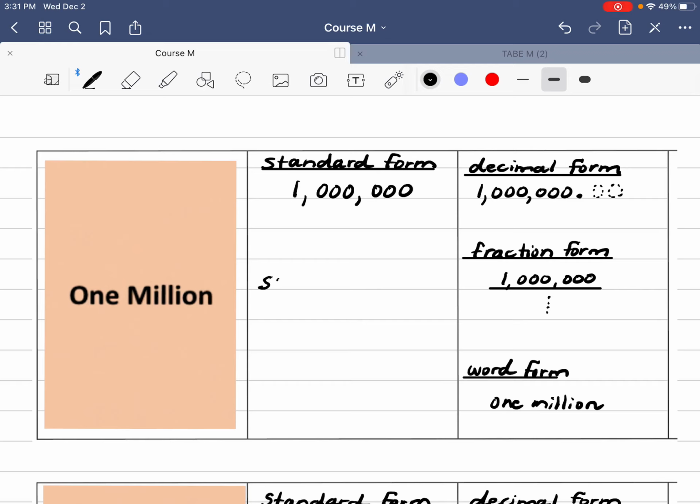And then scientific form. Even if you want to pause your video and see if you can write this by yourself. 1 always times 10 to the 6th power, because there are 6 zeros after that 1 in standard form.